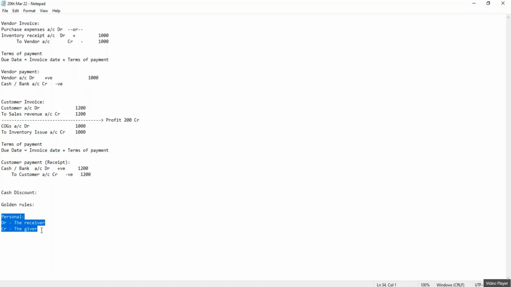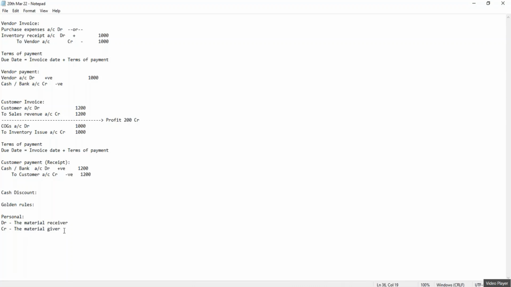So how can I remember what this means? Debit the receiver means the customer is receiving the invoice, the receiver. And credit the giver means the vendor is giving material to me.